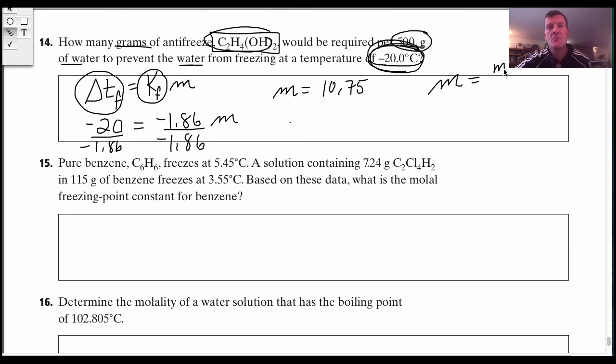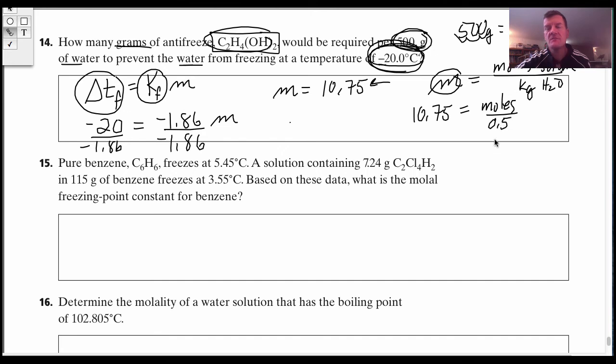Molality is moles of solute divided by kilograms of the solvent, which is the water. So you have this number, we just got it right there, 10.75, and we have the kilograms of water. We have 500 grams. 500 grams divided by 1,000, that's going to be half a kilogram. Okay, move it over 3 places. So 0.5 here, okay?